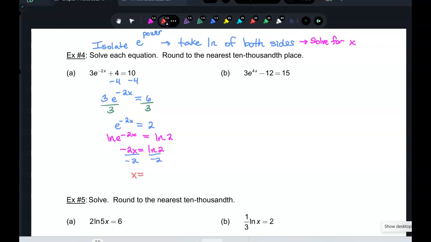Well, now, what does it say? We're going to put it in our calculator. We're going to round to the 10,000th place, which is 4 decimals.